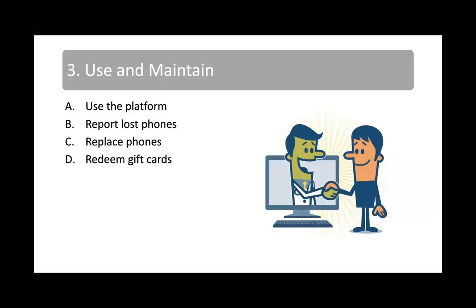So after your client is enrolled and they're using the app, there's really four main things that you'll be involved with on their side. One is helping them use the platform, encouraging to use TAVIE Red. And then the other things are more a little bit on the troubleshooting side. If they report a lost phone, if they need a phone replacement, and then a good thing, not troubleshooting, is if they need to redeem a gift card.